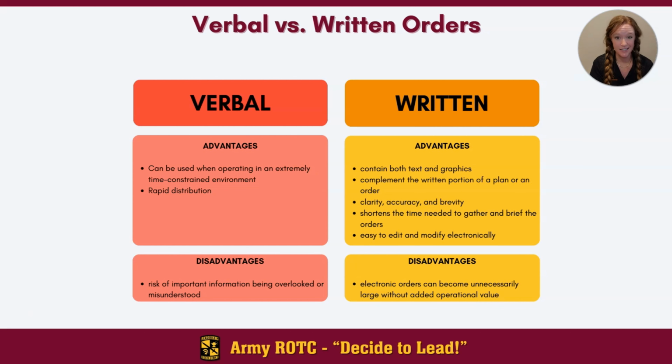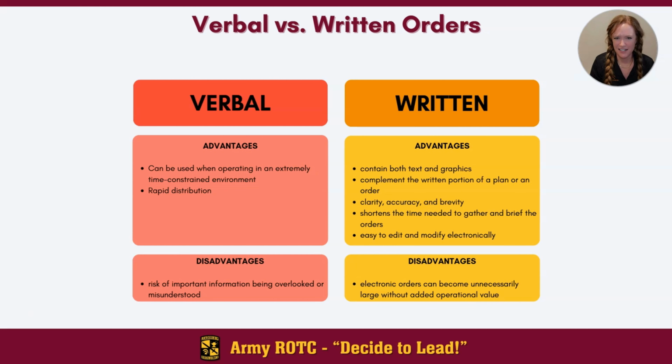Now, they're also very easy to edit, right? We live in a digital world, so most of our OPORDs these days are typed out. We can edit those very quickly and fix that rather than having to go around saying, oh, I said the wrong thing, this is the change. Now, one of the big disadvantages to written orders, they can become really long and overwhelming and have a lot of information in there that's just not even actually pertinent to the mission.